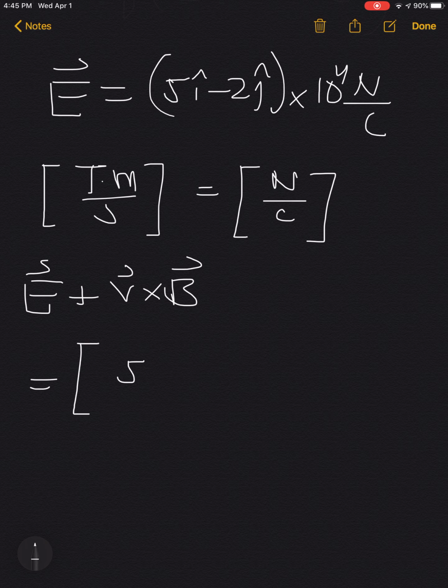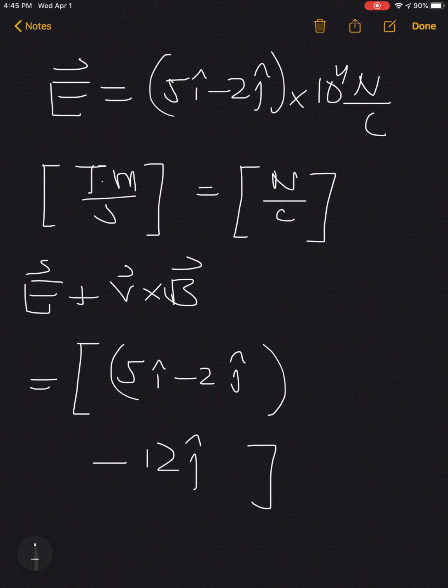So we have 5i minus 2j, that's from the E field piece. And then from our V cross B, we have minus 12j, that's the B field piece. And these are all going to be times 10 to the 4th newtons per coulomb.